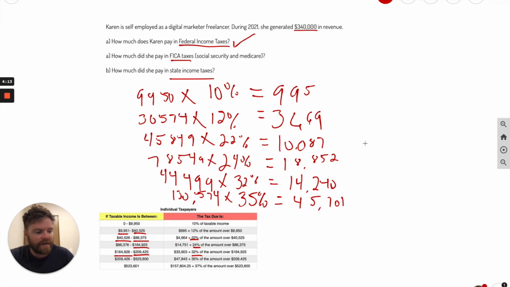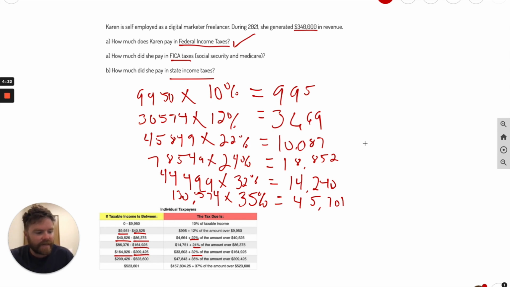Let's add all these up. So we have 995 plus 3669 plus 10,087 plus 18,852 plus 14,240. Let me mess that up there.